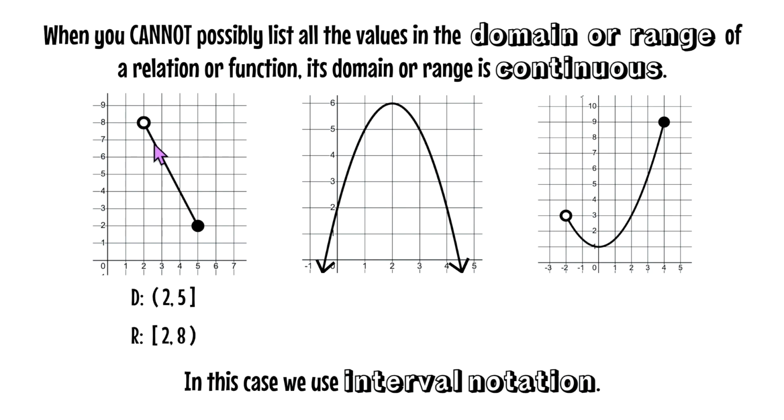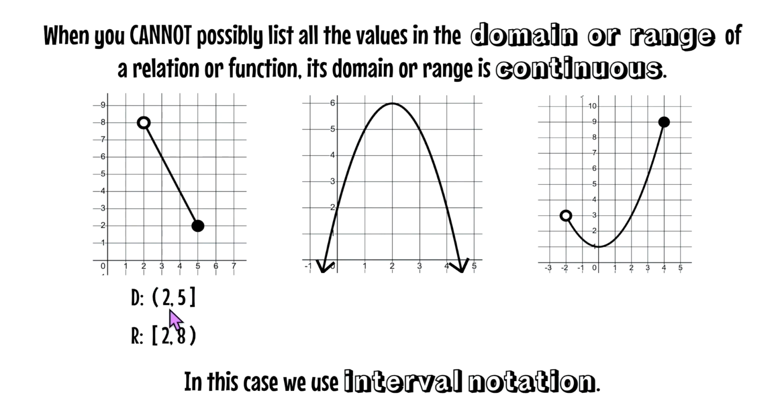And then as we move to the right, we see all these values are included. And then when we get to 5, that's where the graph ends. So this is the highest value in the domain. Because it's included, it's a closed circle point, so it gets a square bracket. So we notice that the domain is from the x value 2 to the x value 5.